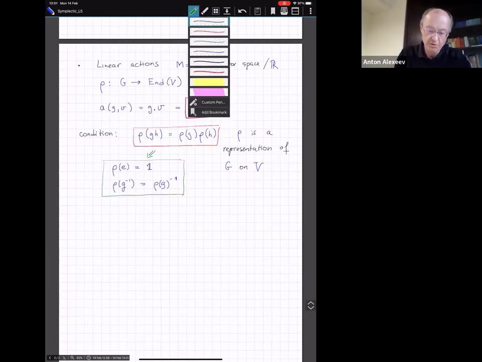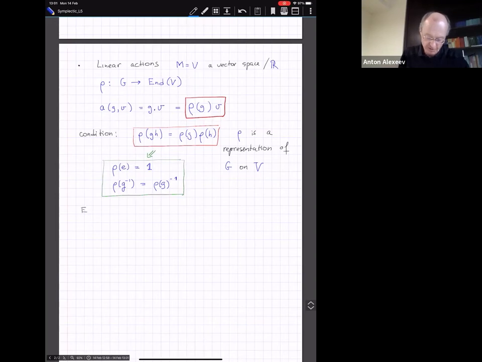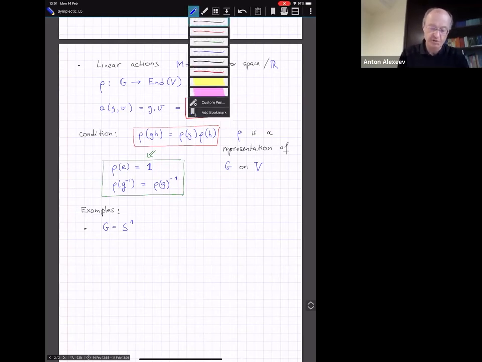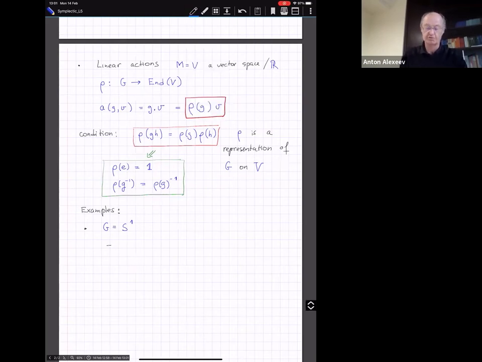So now let's go into examples, and I will be looking at very elementary examples today. And my first example, and maybe actually the most important example that we're going to use a lot, is simply when G is equal to S1. So, I will first consider several simple representations.